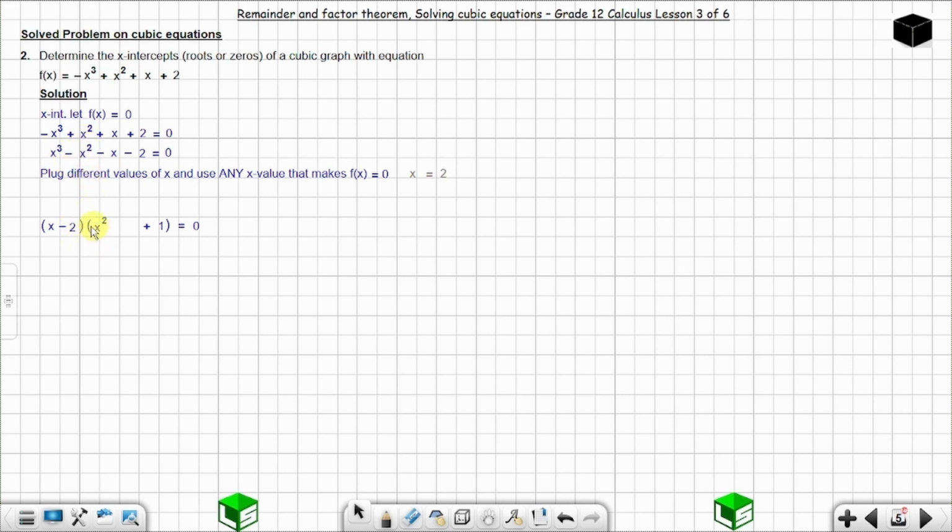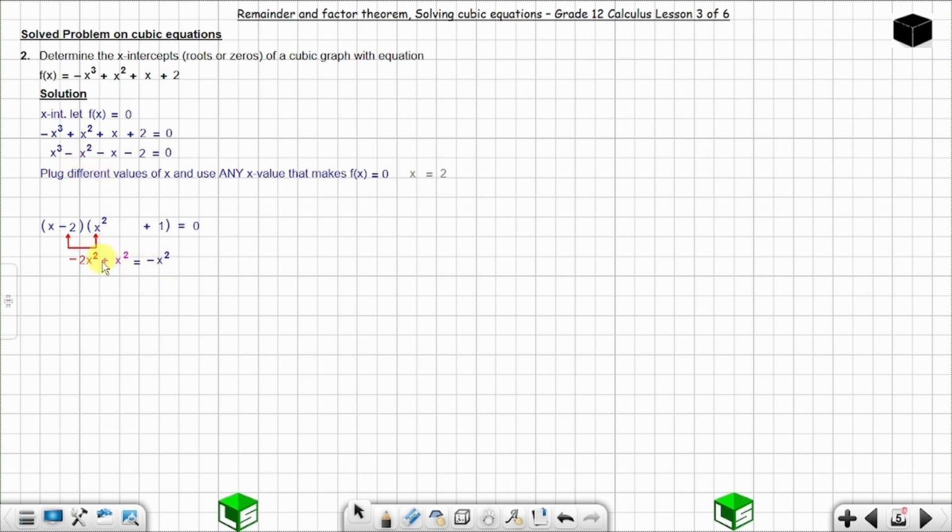From this, you already have negative 2x squared. What do you need to add to this so that you have negative 1x squared? You're going to add plus x squared, and this is going to give you negative 1x squared.